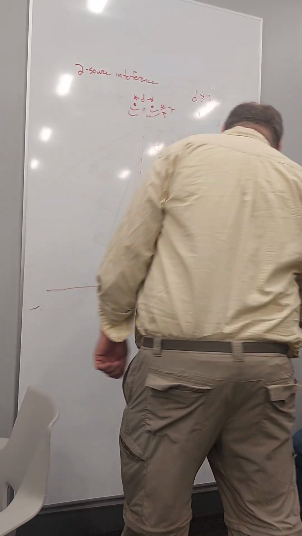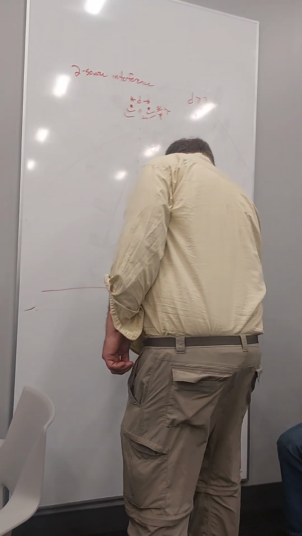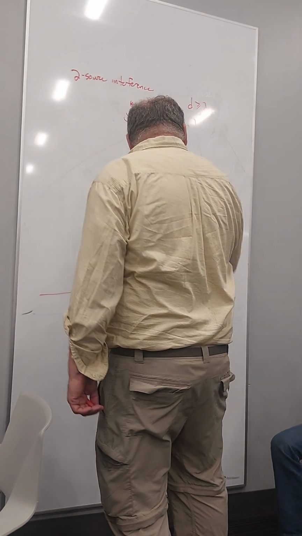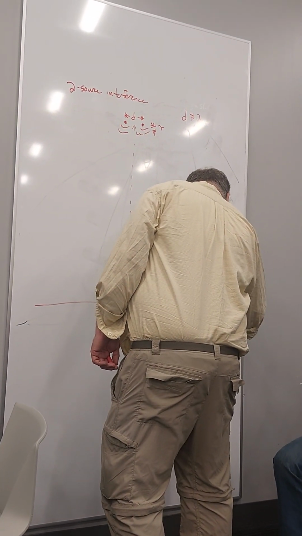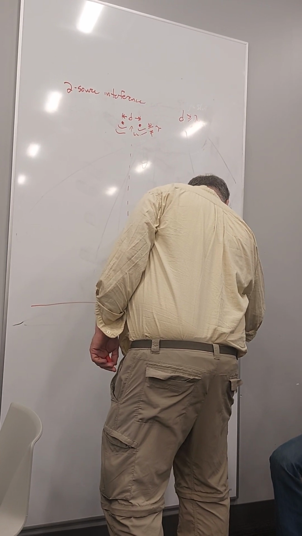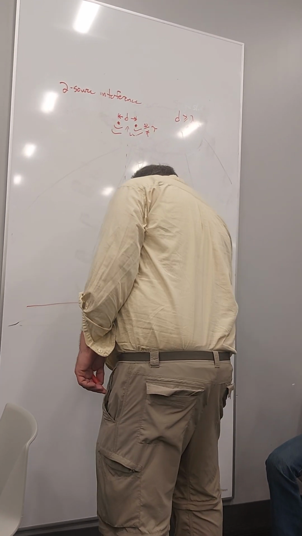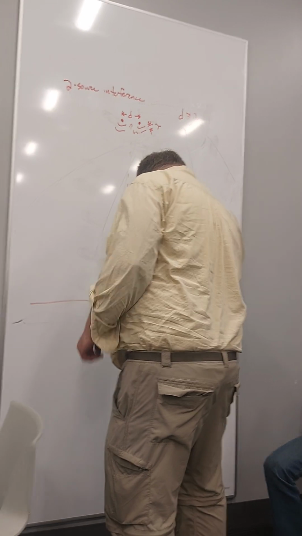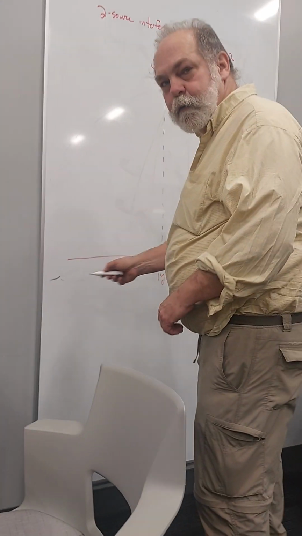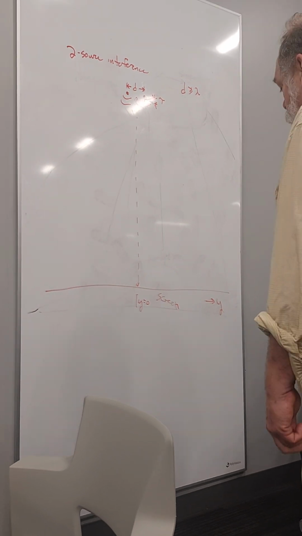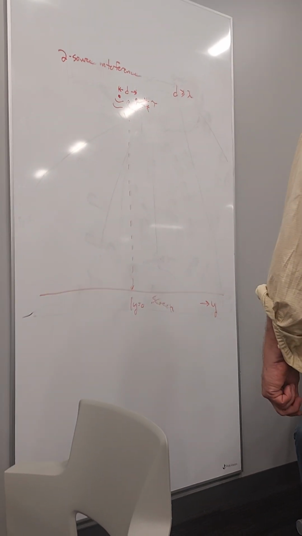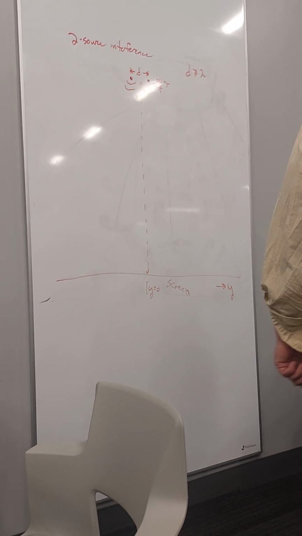Now we could define it in terms of theta, but we're going to observe on the screen, so why don't we call this position y. So y equals 0 here, and then we will go out left and right from there. And we want to describe the waves that get on there.